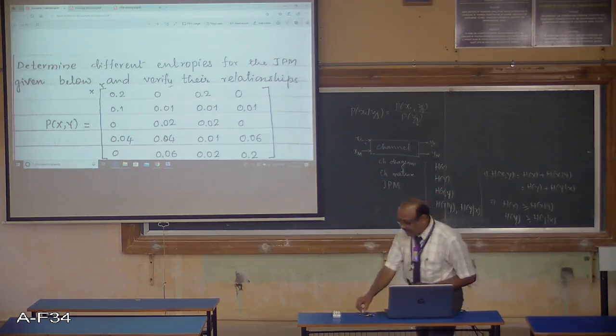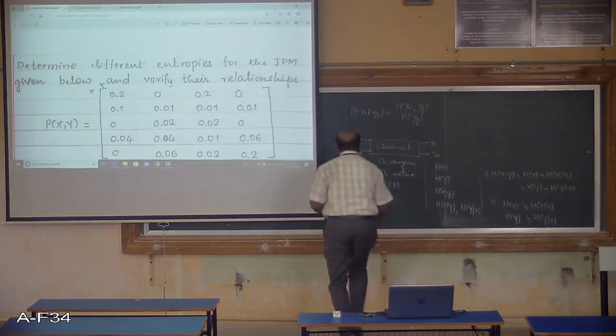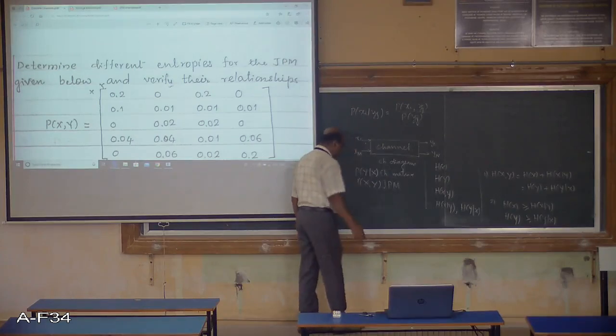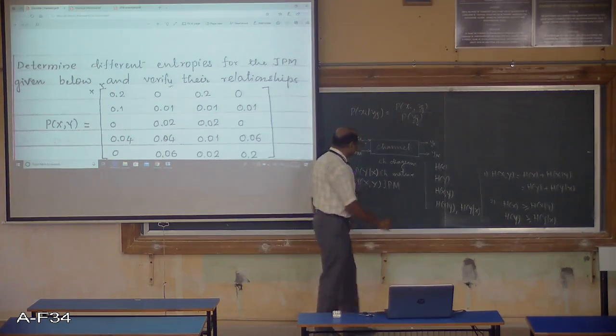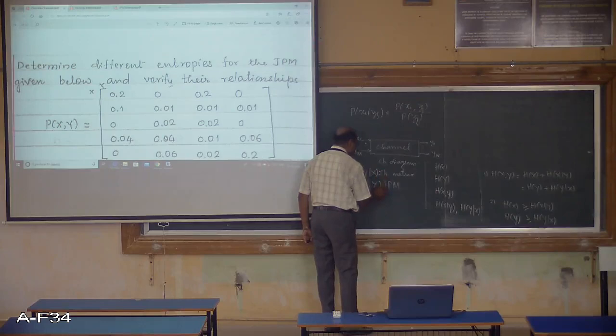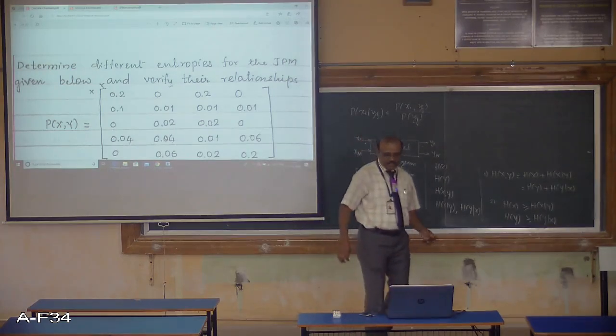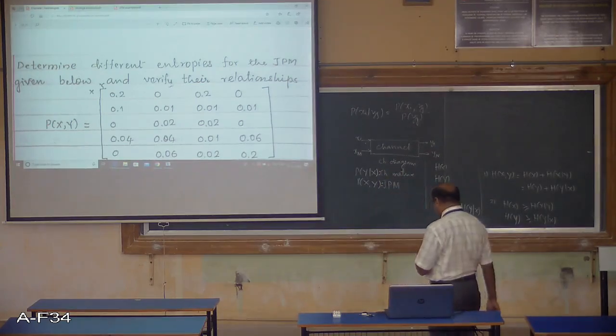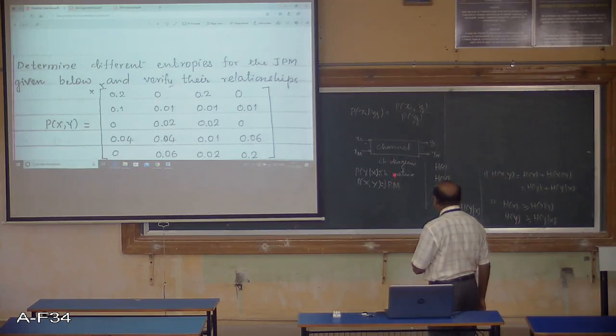So this channel matrix is always a conditional probability matrix. JPM is the joint probability matrix of x comma y. And this is the diagrammatic representation. So given the channel represented in one of these 3 forms, we can do all this analysis.